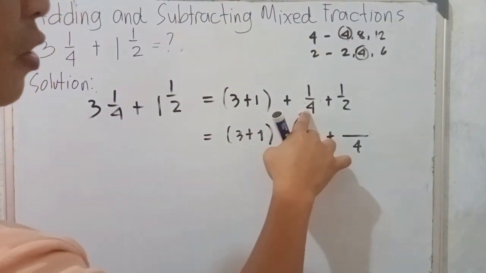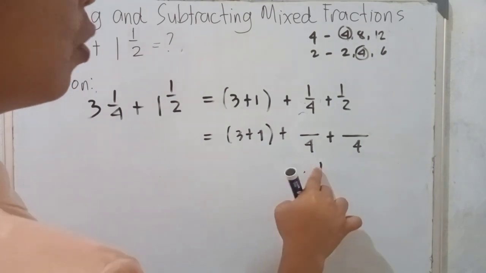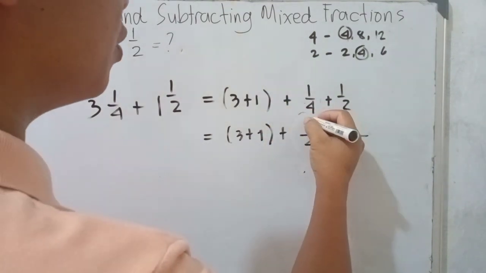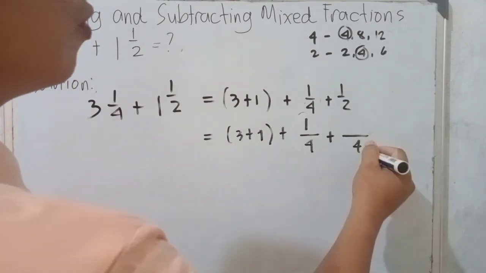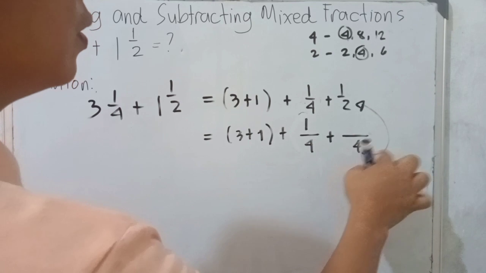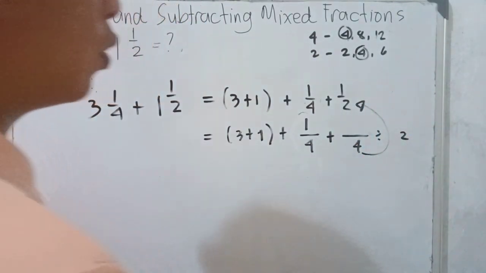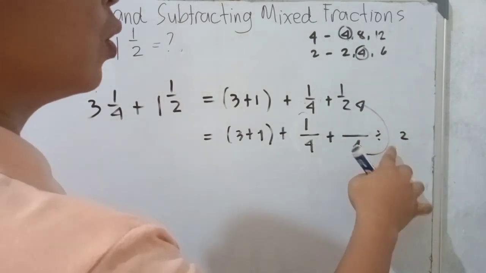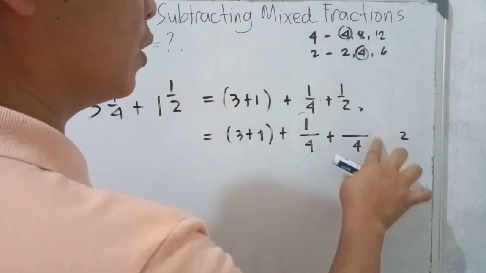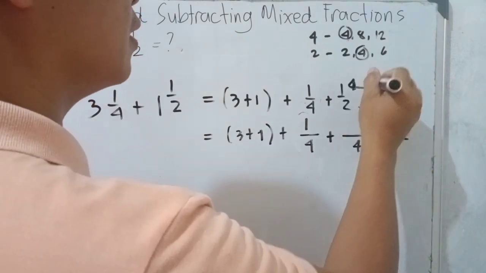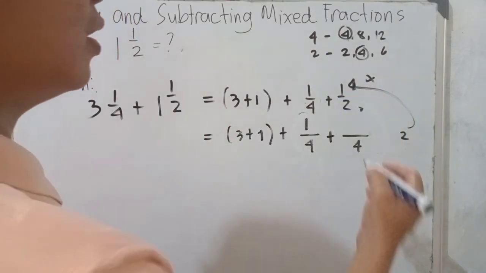That answer 1, you multiply by the numerator 1. 1 times 1 is 1. Next, 4 divided by 2 is 2. Then 2 times 1 is 2.